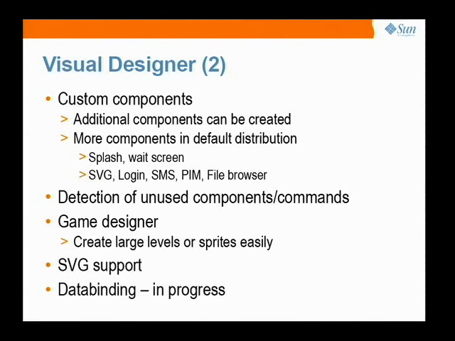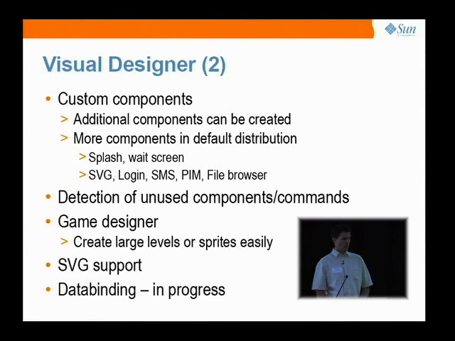The idea is that the user gets a set of images from graphic artists, and then you can easily generate the code which splits the PNG file into frames and displays the right frames during the animation. There is SVG support. It's been there since version 5.5, but it's going to be further improved. We are still working on data binding, which is basically the connection between various data sources and the UI. For instance, you have a web service connected to the UI, and all the values are automatically synchronized.